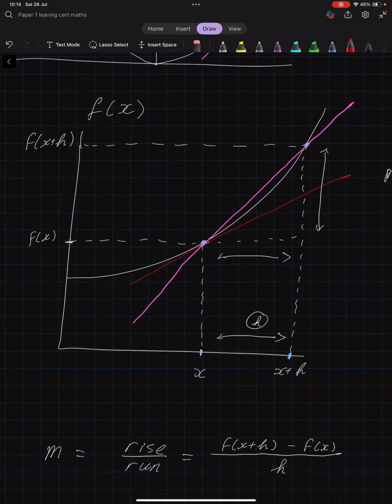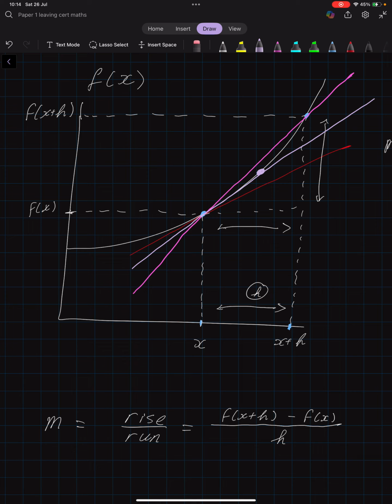But if, instead of picking this blue point up here, I made h smaller and picked, say, this point here, and then got the slope like this, see the way the slope of this coloured line is much closer to the slope of the red line.